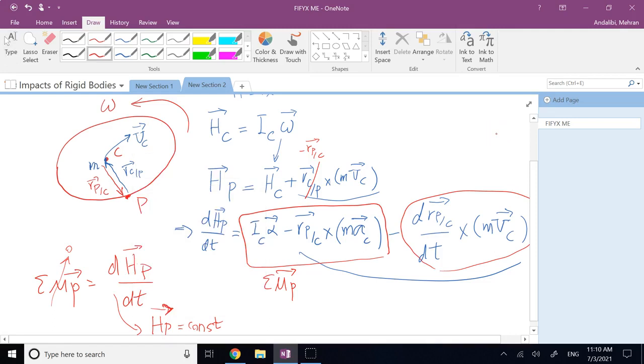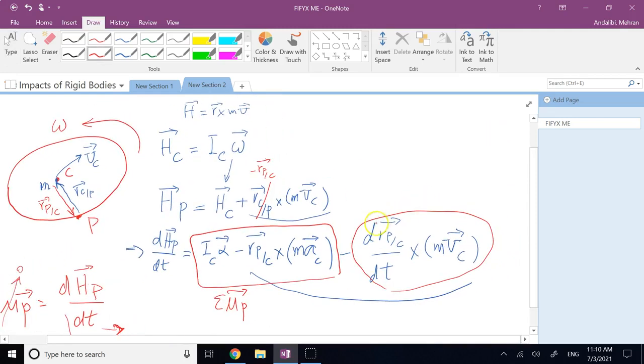Since it is rotating with angular velocity omega, the derivative of it is omega cross R of P with respect to C. Correct? That's the derivative of a vector with fixed magnitude but rotating with angular velocity omega.